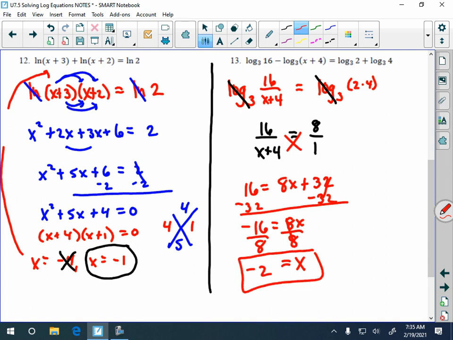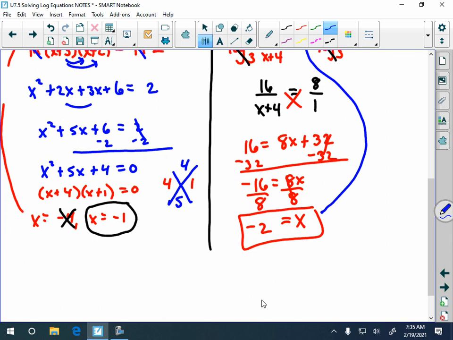All right, so I got x equals negative 2, and I'm going to check. If I were to take it and plug it right there, that's the only place that there's an x. So negative 2 plus 4 is positive 2, and so it stays positive, so I can keep that answer. All right, and that is solving logs.